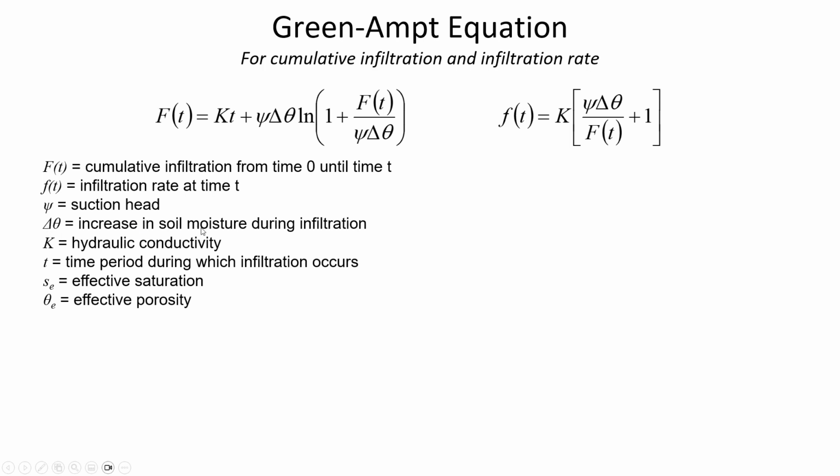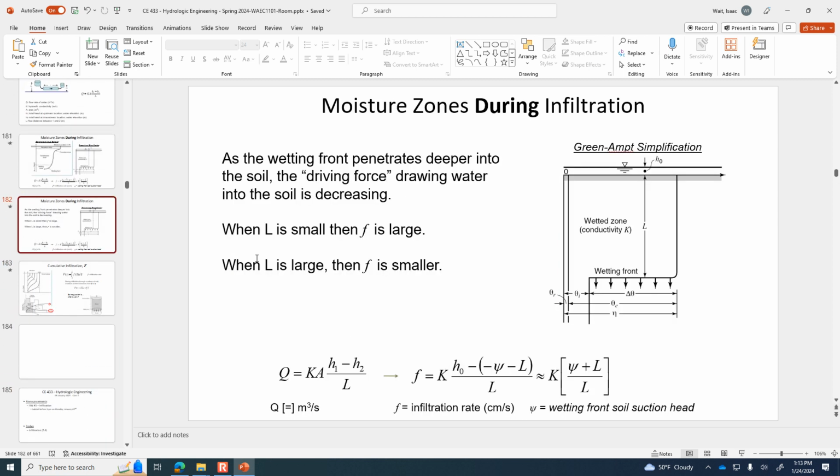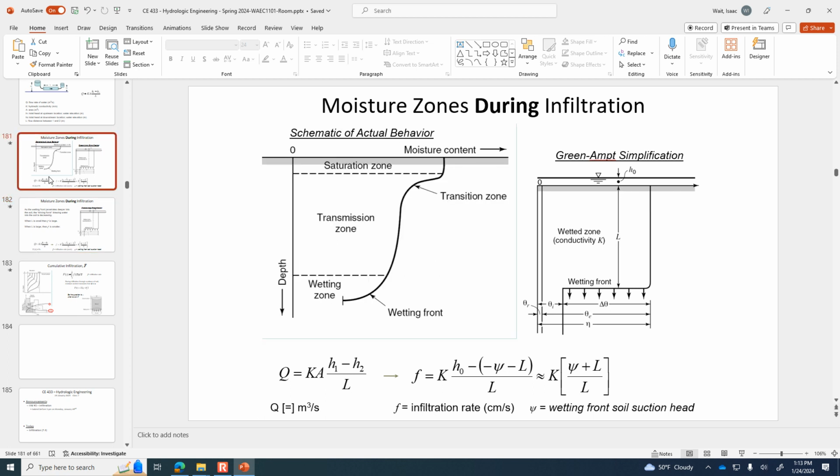Delta theta, the increase in soil moisture that occurs during infiltration. And in the Green-Ampt simplification, if we go back to the visual representation of it, what we're assuming is that the water goes from initial moisture content and instantaneously it becomes fully saturated. That the wetting front moves through the soil as a binary wave, rather than, in reality, we know that it's a more gradual progression that's related to the distribution of void diameters.